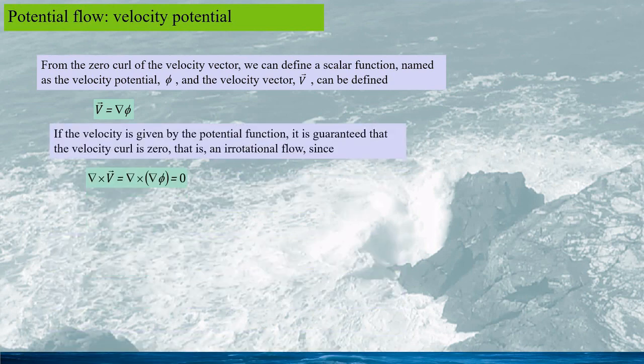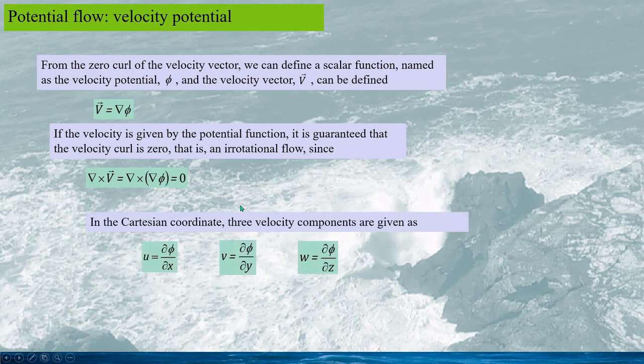So if the velocity vector is calculated from the velocity potential function, then its curl is guaranteed to be 0, since we have an equation like this. In Cartesian coordinates, the three velocity components u, v, and w are calculated using the velocity potential function as this.